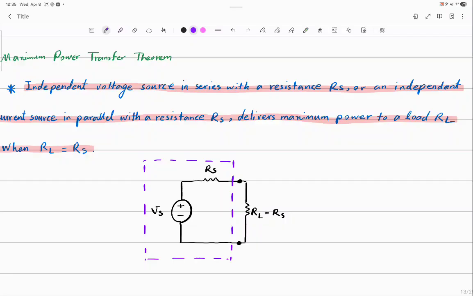Superposition comes from a very important property of circuits, which is called linearity, right? Is power a linear equation? No. So if you want to do that, you should first find the voltage, add the voltages, find the full voltage, then apply the power formula. Because superposition and power equations don't come together.